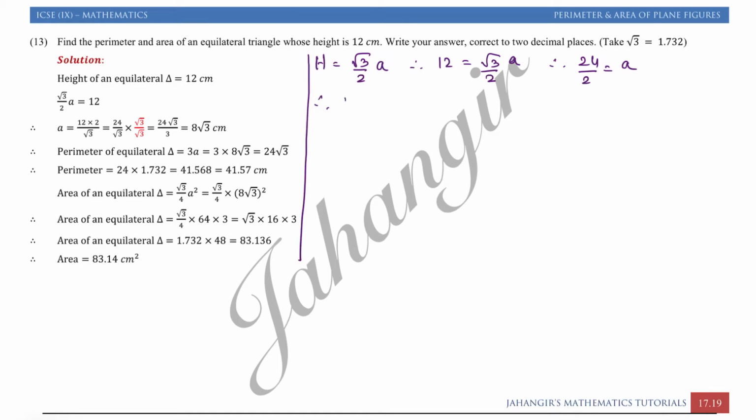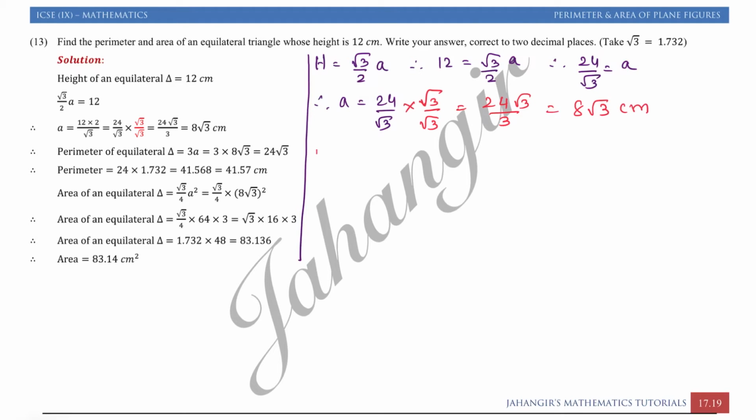Sorry, I made a mistake. Now we can rationalize it. So 24 root 3 by 3, 3 8s are 8 root 3 centimeter.